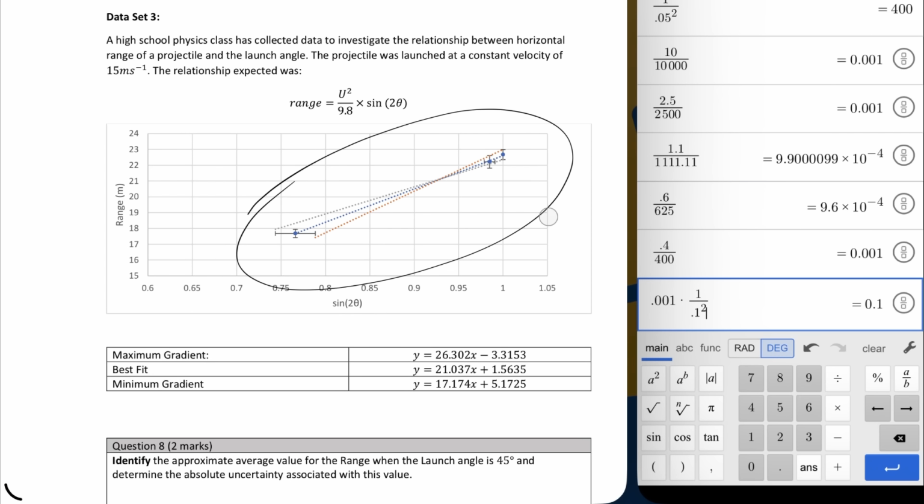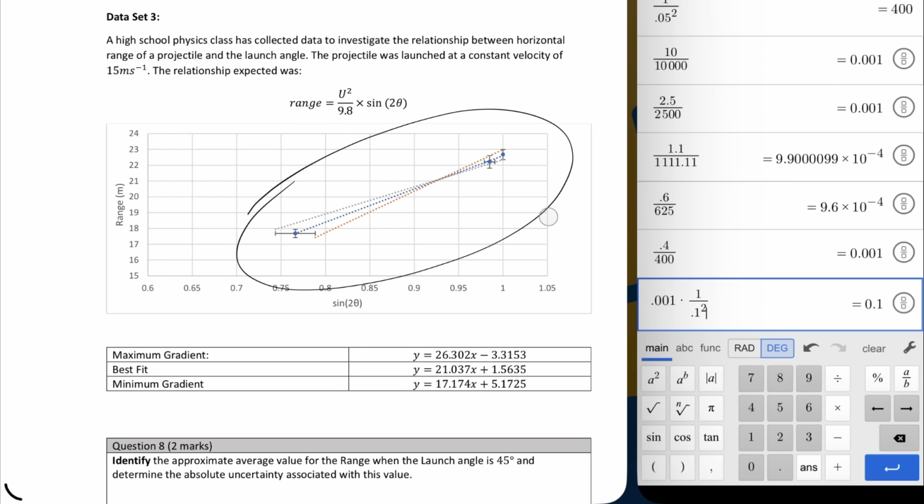I'm making sure to show that working to get full marks. And that goes right up here in my gradient.